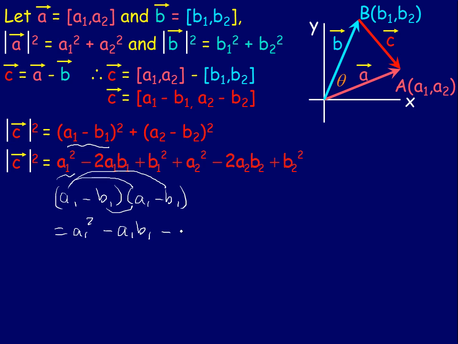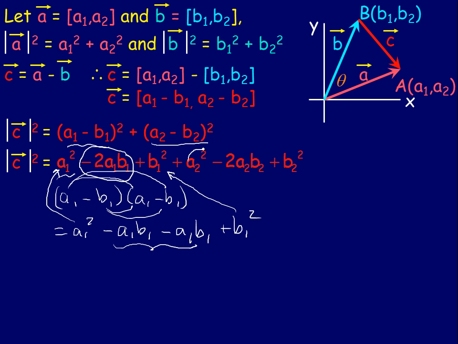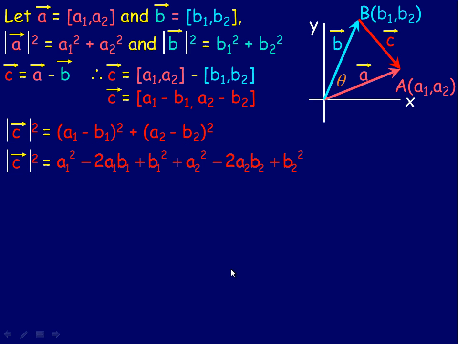This product is the same thing, A1 B1, and this product would be plus B1 squared. So there's the B1 squared, there's the A1 squared, and these two terms combine to give you negative 2 A1 B1. And the same thing, this expands out to these three terms in the end. So that's where all those six terms come from.